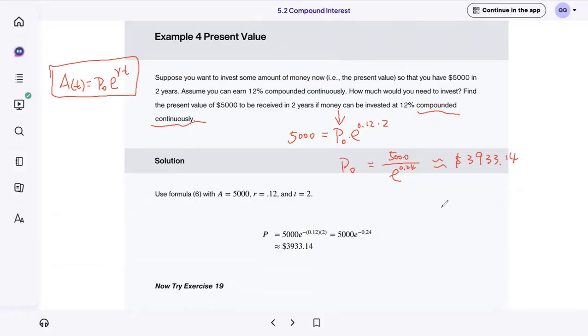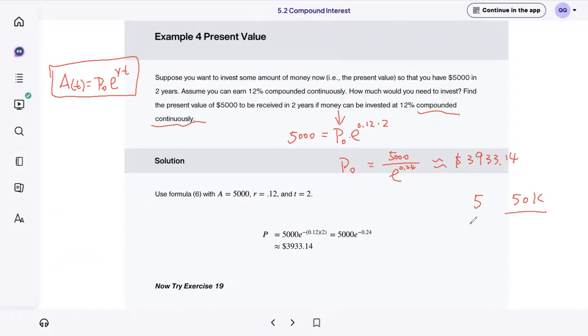This is quite useful. Say now you're in your sophomore year and you're graduating in a couple of years. Or maybe you're making some money and you're thinking, in 5 years I want to buy a car, and I know which car I want. I want to buy the Tesla, which costs 50,000.